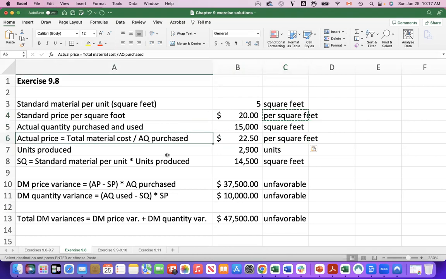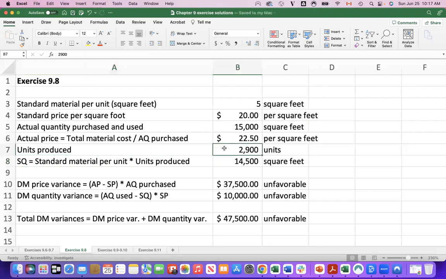One other variable we have to calculate for our variance analysis is the standard quantity that goes into our material quantity variance. Remember, what is the standard quantity? The standard quantity is the amount of material we would have expected to use at a volume of, in this case, 2,900 units.